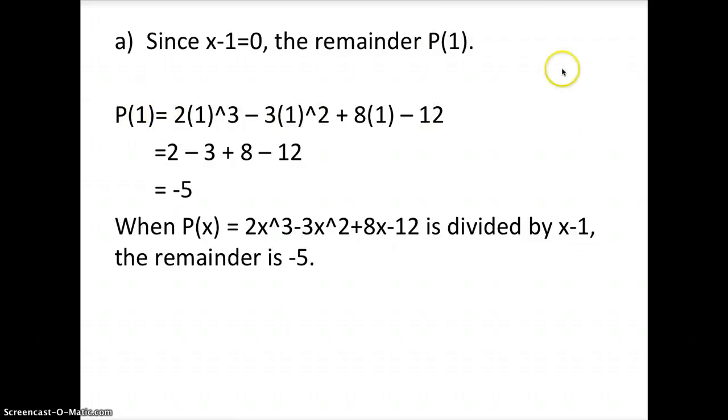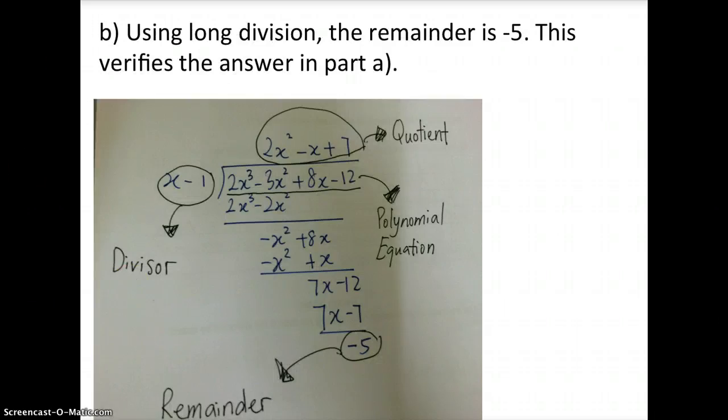Substitute 1 inside and you get these solutions, and we get negative 5 for the remainder. So when this polynomial is divided by the divisor x minus 1, we get a remainder of negative 5. By using long division, the remainder is the same as in part A, which is negative 5.